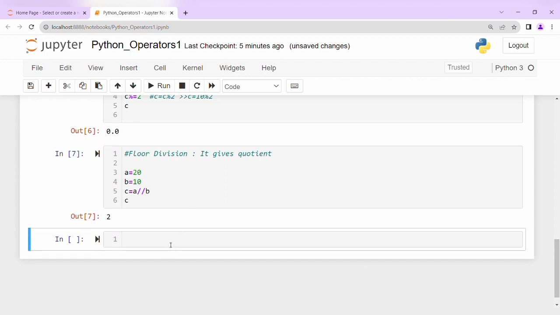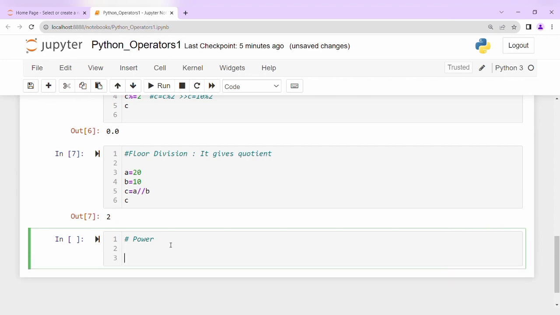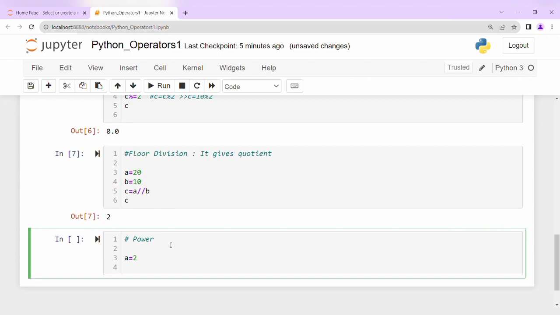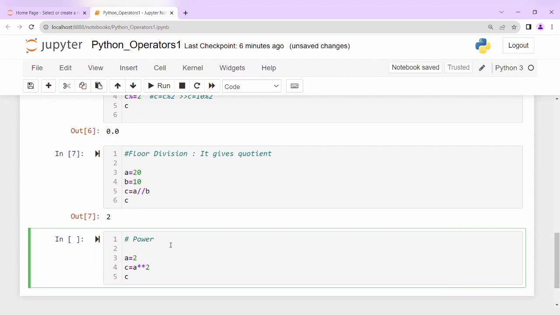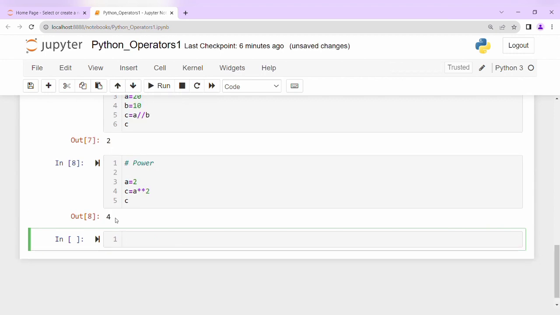Next one is power. Take A is equal to 20, or just take small number. A is equal to 2, C is equal to A double star 2. Print C. So C is equal to 4.